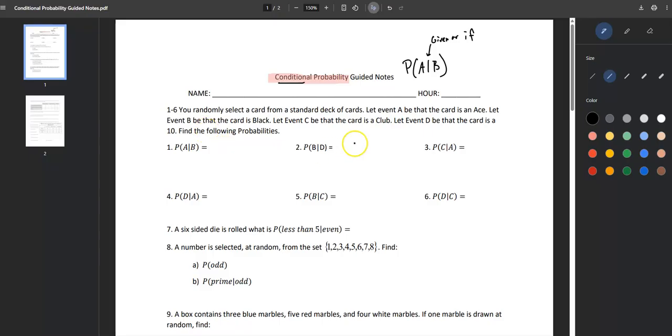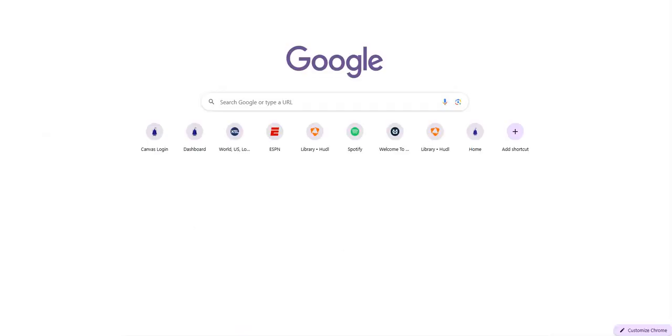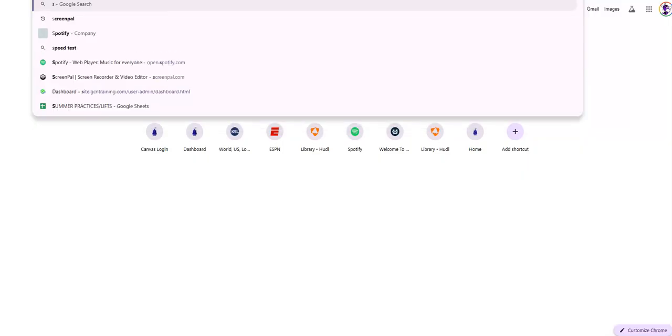Okay. So we're going to define what A, B, C, and D are. We've got a standard deck of 52 cards. We're going to let A be an ace, B be a black card, C be a club, and D be a 10. If you do not know what's in a deck of cards, make sure you're good with that.